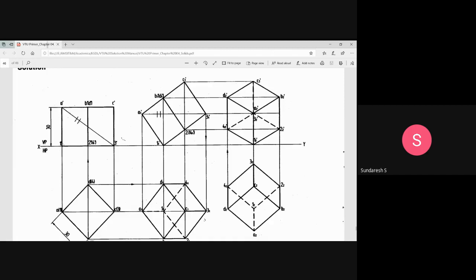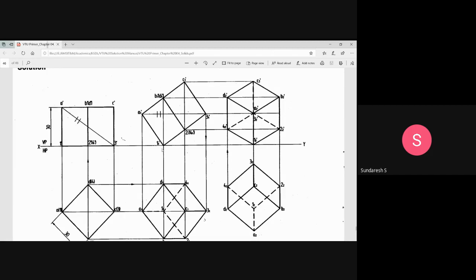From 1 dash, draw a perpendicular to the solid diagonal. It should be a perpendicular line. Sorry, from 1 dash, draw a perpendicular to A dash and 3 dash, and now measure the distance.